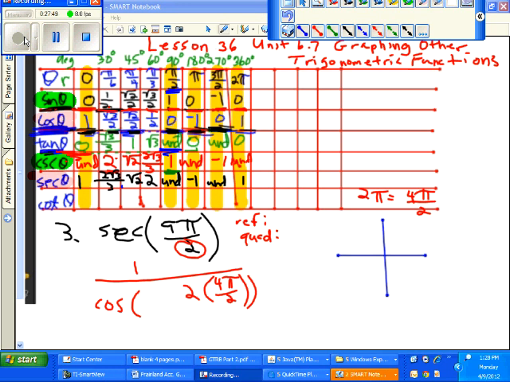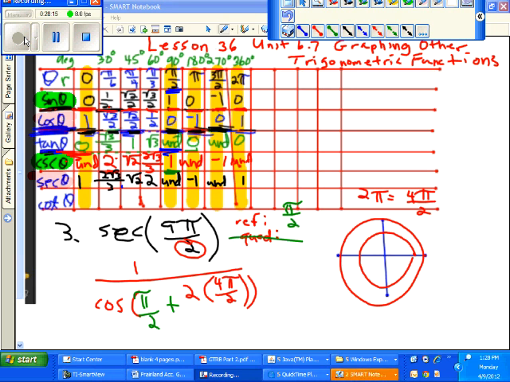Understand that? So we're going to take out a 4 pi over 2 and another 4 pi over 2. If we take out 2 sets of 4 pi over 2, that's 8 pi over 2. What's left? Pi over 2. So my reference angle is pi over 2, and it's a quadrantal angle.